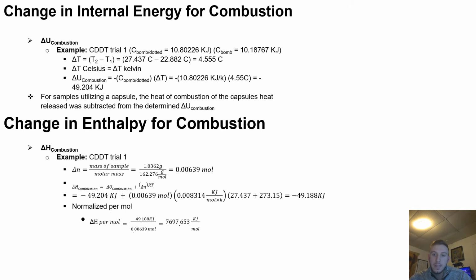So if we were to plug all these numbers in, it's also important to note that the temperature in this case is in Kelvin because the gas constant is also in Kelvin, and the gas constant was also adjusted to be in kilojoules for simplification of calculations.